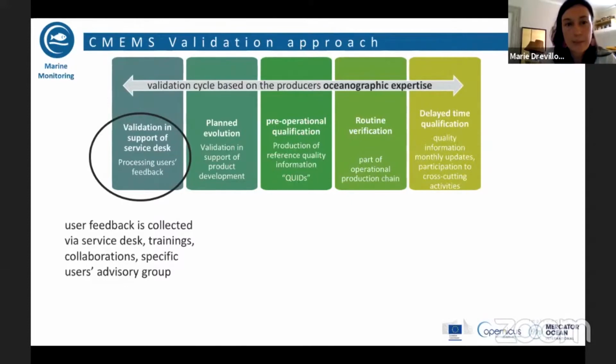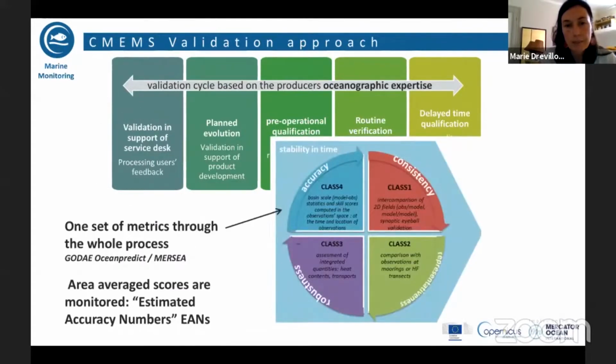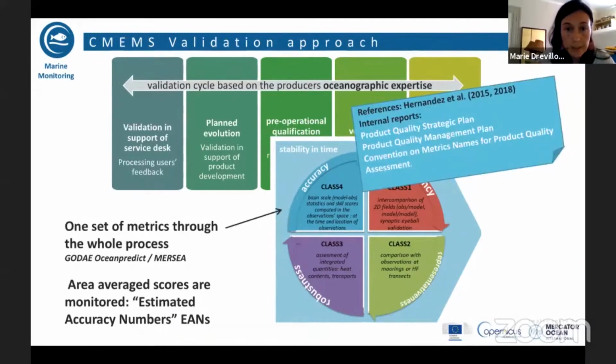And we use a series of metrics, one set of metrics that is the same through the whole process, and which was defined by the Ocean Predict community. And there are different types of metrics to assess the consistency, representativeness, the robustness, and the accuracy.